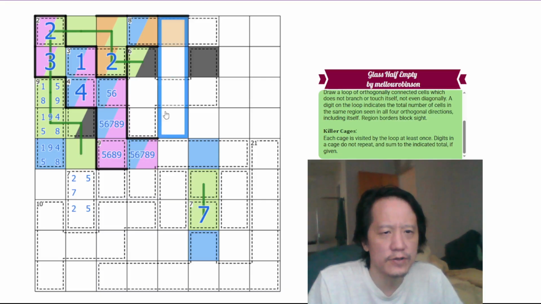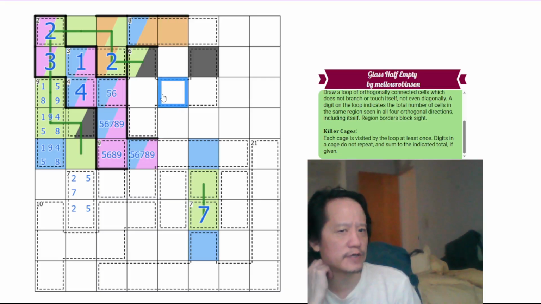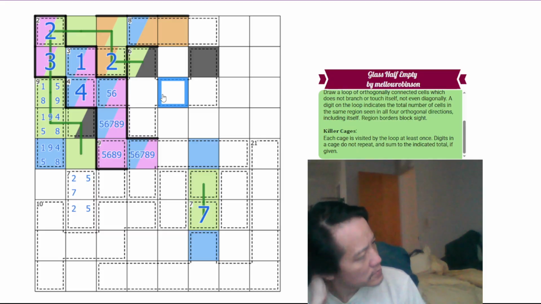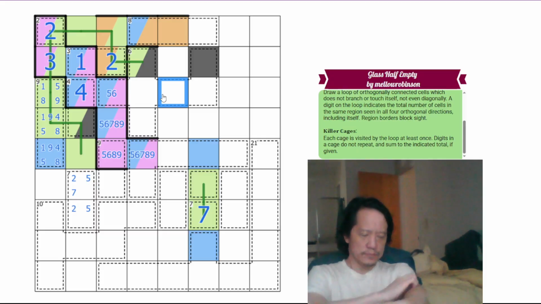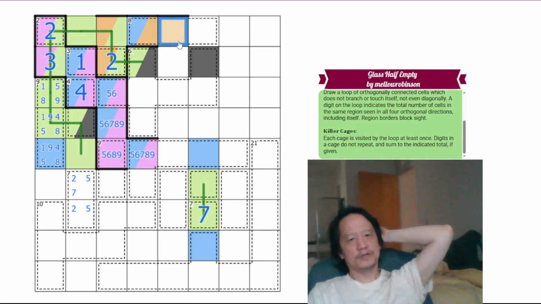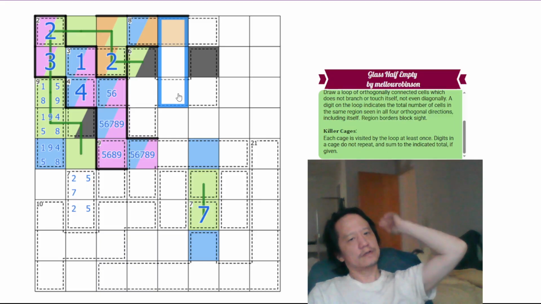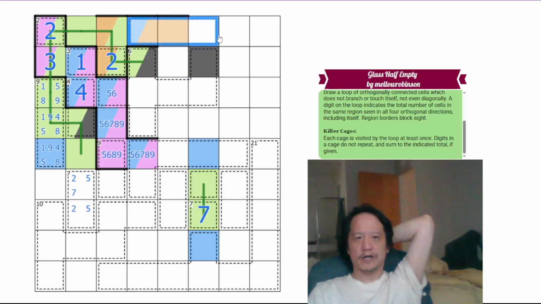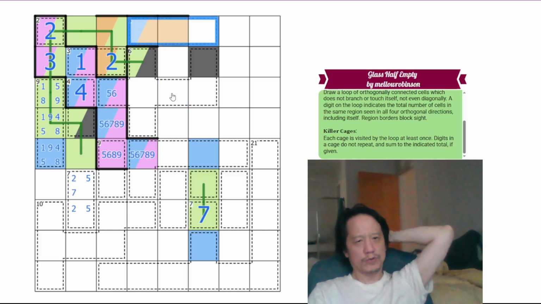Could go through here and then be 1. That's possible. Or, interestingly enough, it has to either go this way or this way. So either this is 1, 3, and 4, or this is a 1, and this is 5.